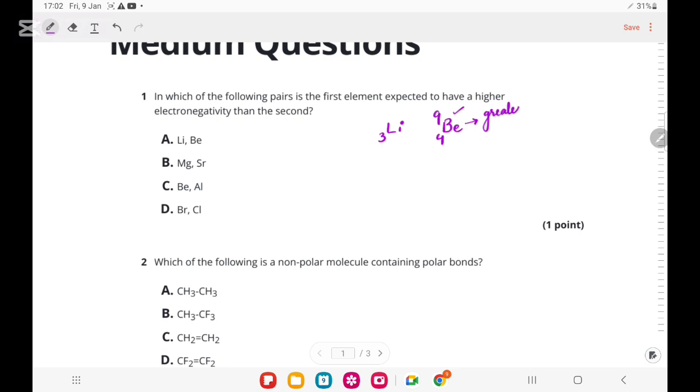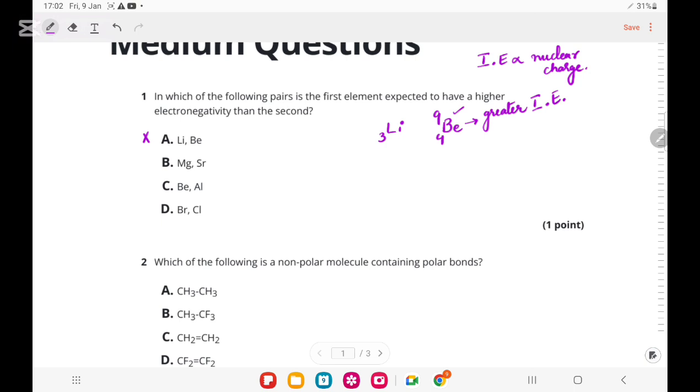As we know, ionization energy is directly proportional to nuclear charge. Because of this, beryllium is going to have greater ionization energy. So this one is going to be false.